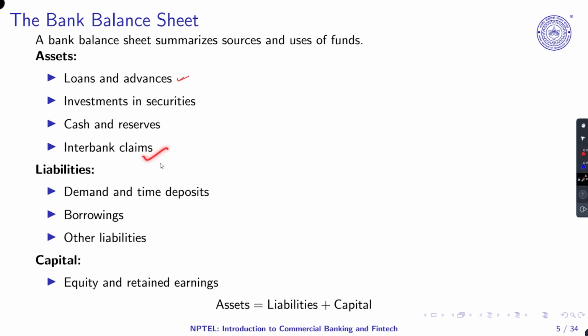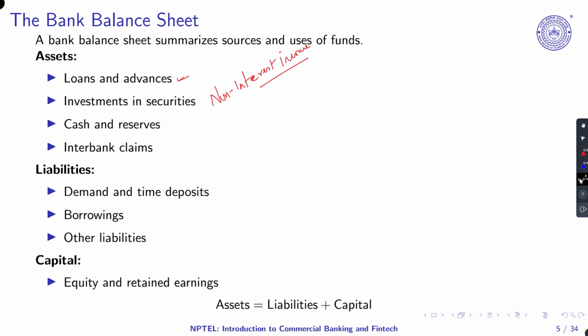These are the assets, which means that the bank can go for non-interest income. So we call it the non-interest income. This is what we get in investment in securities.